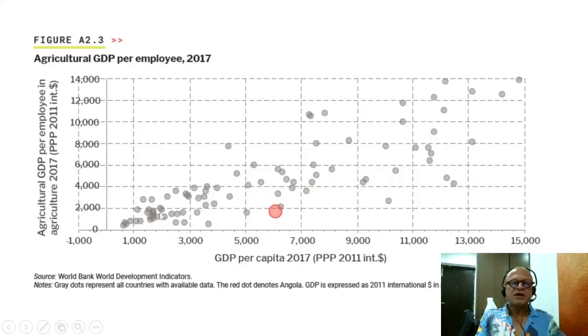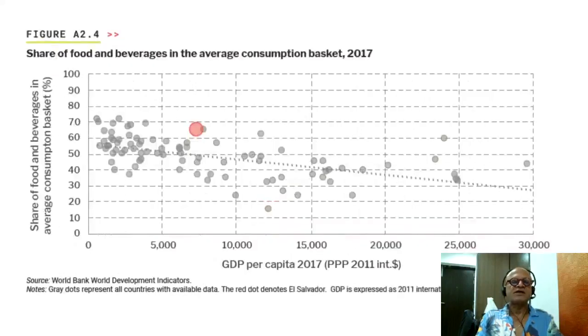So here it remains just around $2,000 international pegged to 2011, but per capita GDP has gone at about 6,000 international dollars. So farmers are left behind here, which gives you a very clear indication of where the policy prescriptions have to go in terms of uplifting farmers and their income to keep up with the rest of the society.